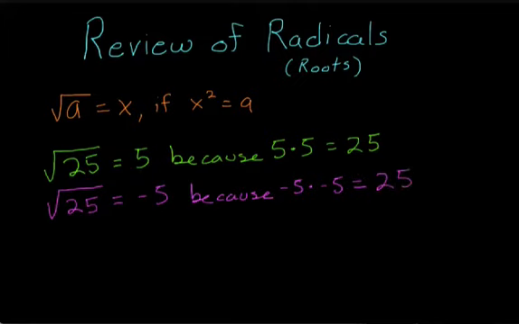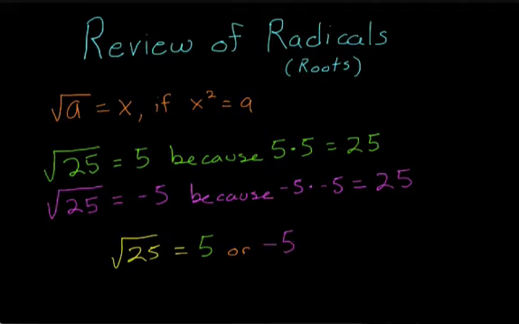Now, what does this mean? So now we can say that the square root of 25 equals 5, or it equals -5.